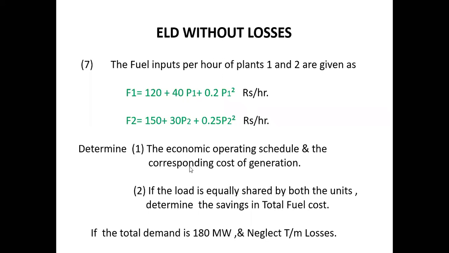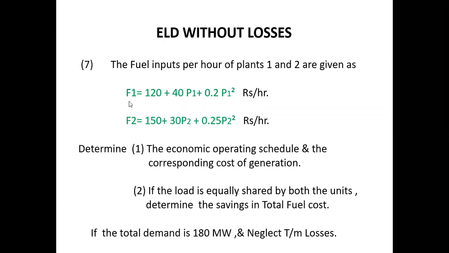Coming to the first point, we need to find out the economic operating schedule. Means we need to find out P1 and P2. That is nothing but the economic operating schedule. And in the same part, we need to find out the corresponding cost of generation. So how can we find F1 and F2? Once you find out P1 and P2 in an economical manner, then we need to substitute those P1 and P2 in F1 and F2.